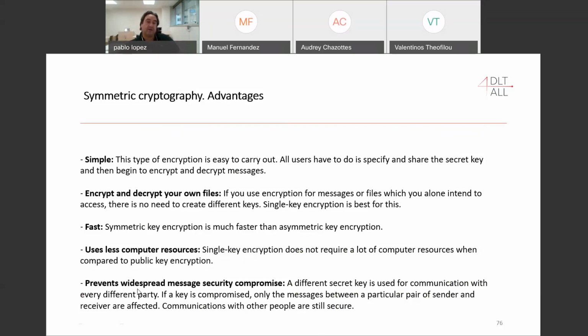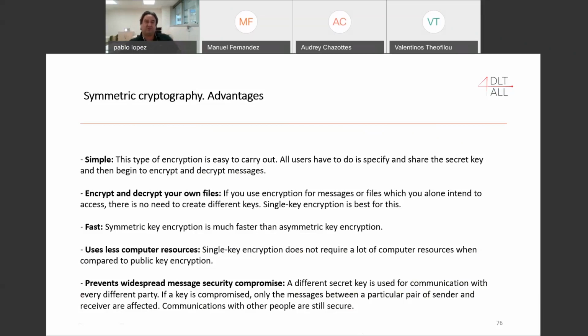It also prevents widespread message security compromise. A different secret key is used for communication with every different party, so you can use different keys for different messages. You don't need to always use the same one. Communication with other people is still secure. Okay.